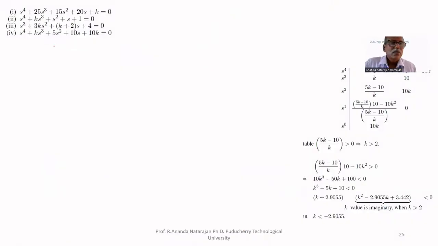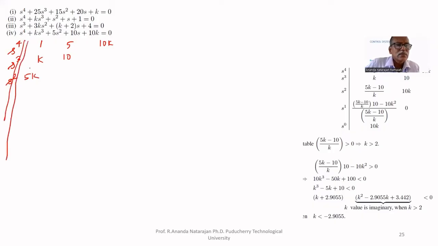Let us see more sums on the range of K using the Routh-Hurwitz criterion. S^4: 1, K, 5, 10; S^3: K, 10, 10K; S^2: (5K minus 10) upon K, and 10K will come here.